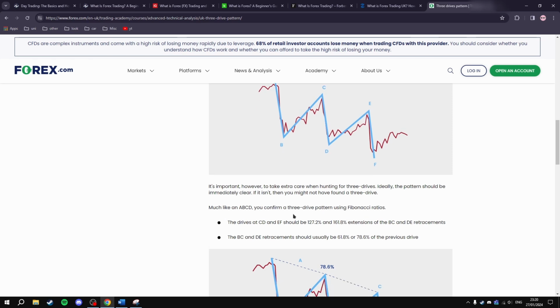Much like an A, B, C, D, you confirm a three drive pattern using Fibonacci ratios.